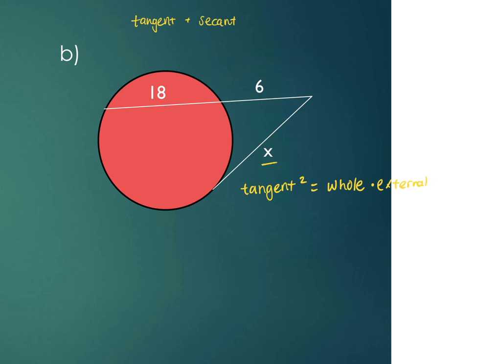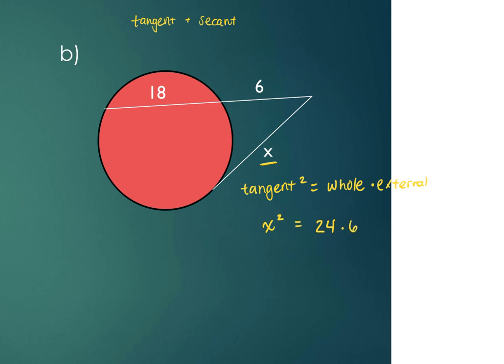Yep, it's just x. So we're going to take x squared equals, what's the whole length of the secant? 24 times, what's the external? Just 6.